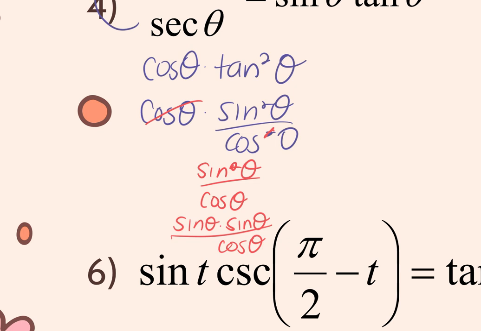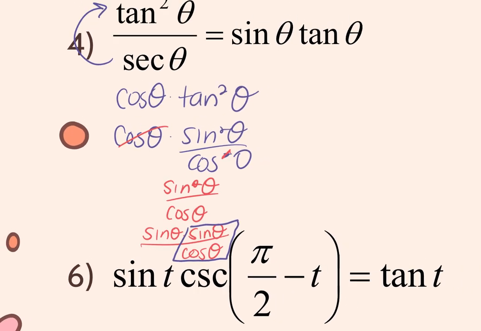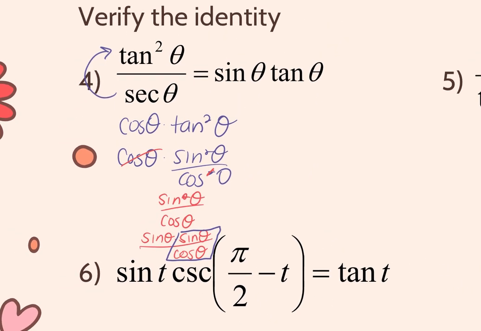Because it's a product, I can split this up any way I want. I could keep the cosine with just that sine, or with just the front sine. It doesn't matter. But sine over cosine becomes tangent. And so I end up with sine times tan, which is what the right side of my statement said.